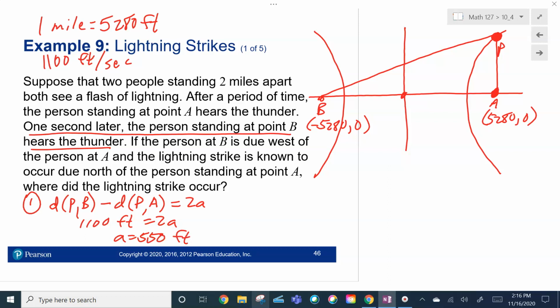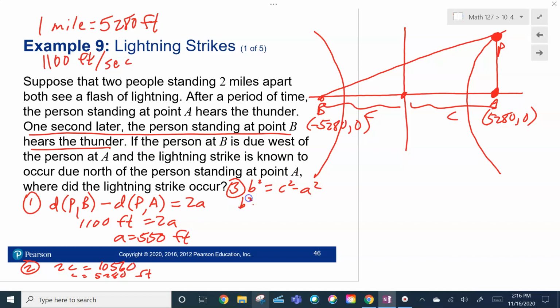Okay. Now we also know there's 2 miles between them. Remember, this is distance c, that's distance c. So 2c is 2 miles between them. So 10,560, in other words, c must be 5280 feet. So that gets us going for the relationship b squared equals c squared minus a squared.